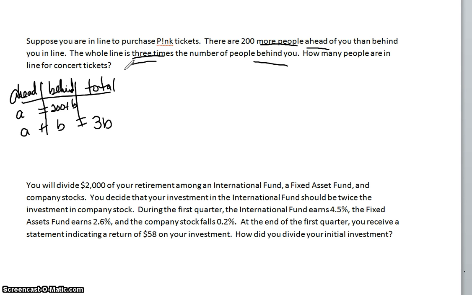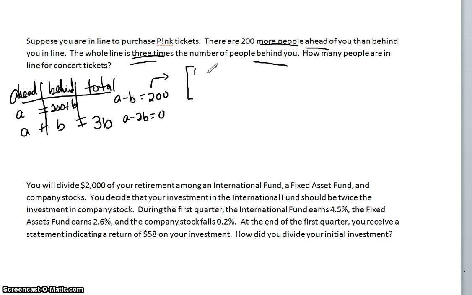I'm going to put these in standard form here, or at least in a form so I can put it in the augmented matrix. So I'll subtract b, and here I'm going to subtract 3b, so I get a minus 2b equals 0. I'm going to put this in an augmented matrix.